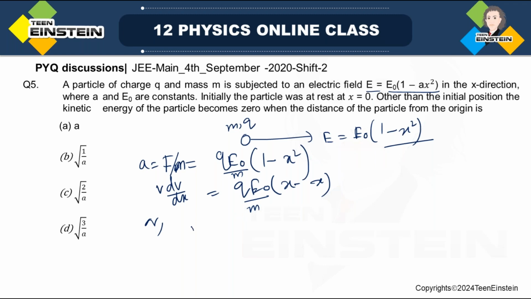So here we have to integrate it. Q E0 by m. So if we do this integration, on the other hand side 1 minus x squared dx.